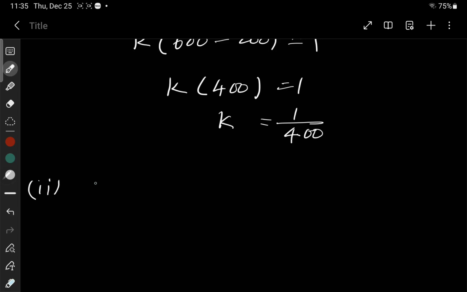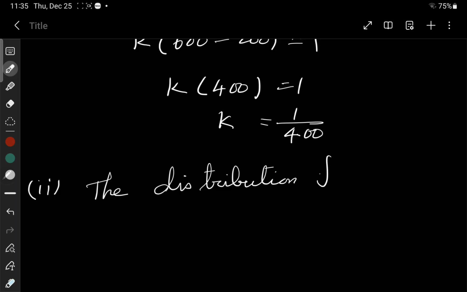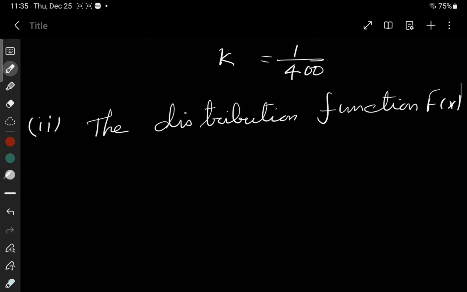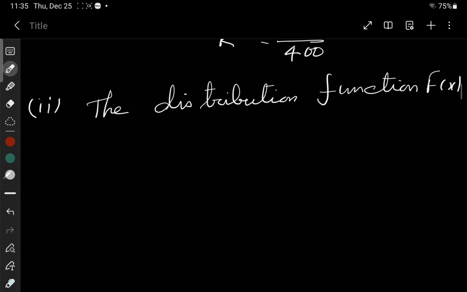Second question is you have to find the distribution function. Distribution function is represented by the letter capital F of x. Density function is small f of x; how do you get capital F of x?